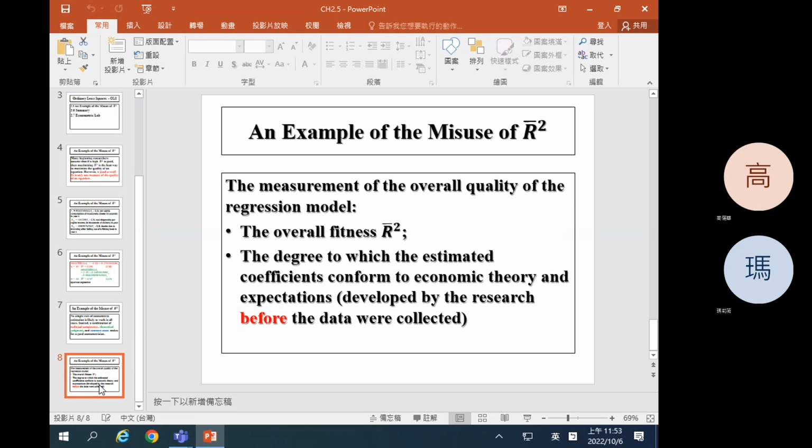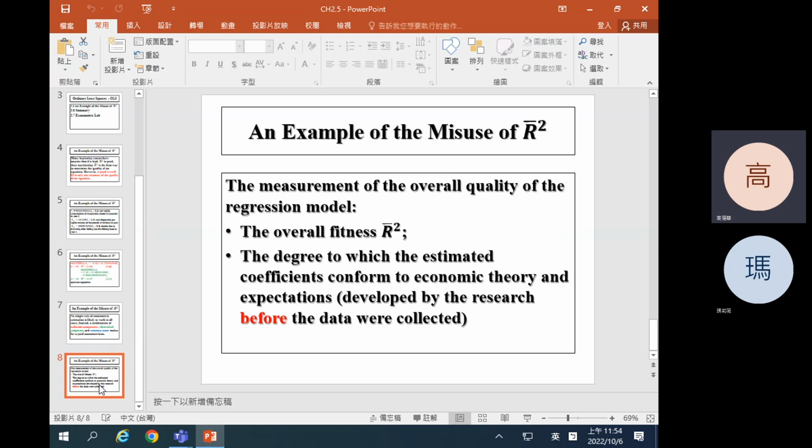The overall evaluation of the regression model includes the overall fit, adjusted R squared, and the degree to which the estimated coefficients conform to economic theory and expectations, which means expectations developed by the researcher before the data was collected.